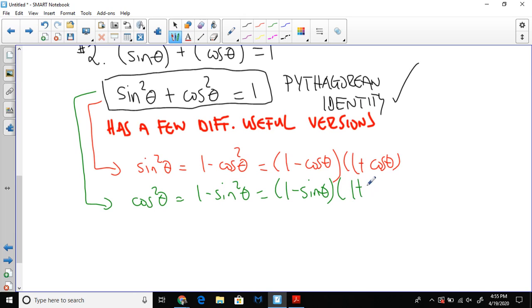Again, here we just have some algebra. Notice when I say difference of squares, that's taking you back to thinking about quadratics.